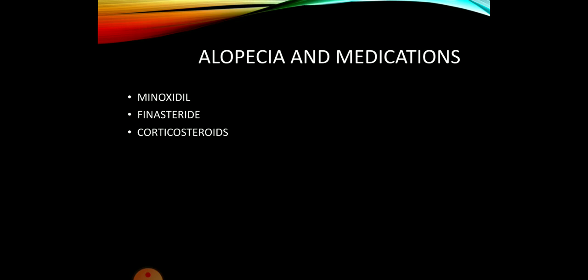For alopecia, we can classify it into different types. Usually the hair is in three phases: anagen, catagen, and telogen. And anagen is the growth phase and telogen is the last phase.